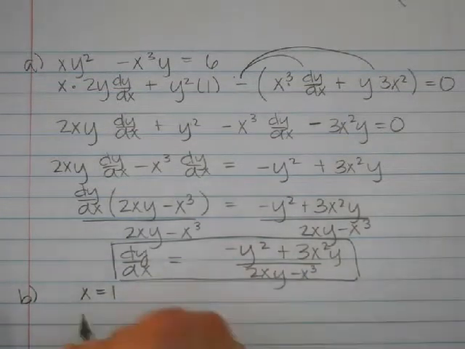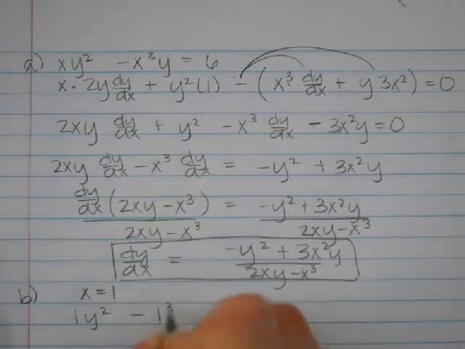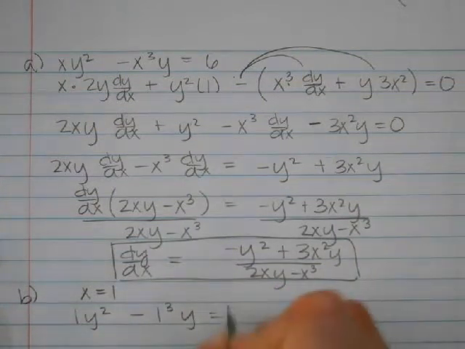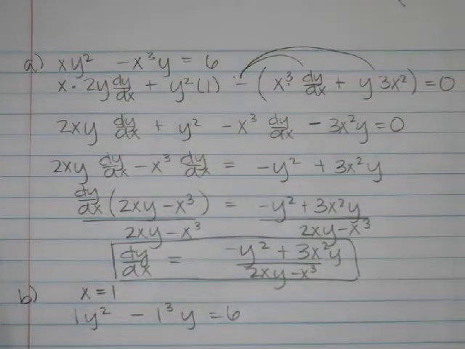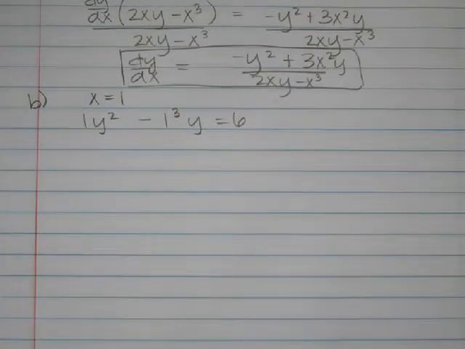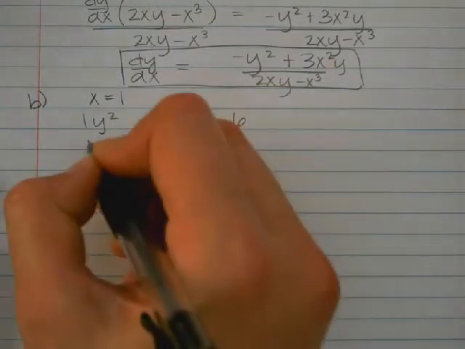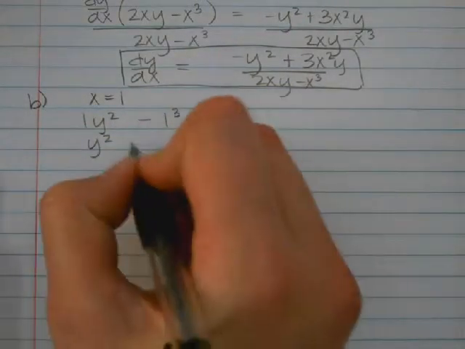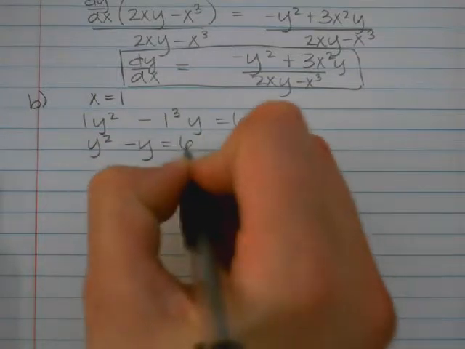So I've got 1 times y squared minus 1 to the third times y equals 6. So we've got an equation to solve here. It's y squared minus y equals 6.